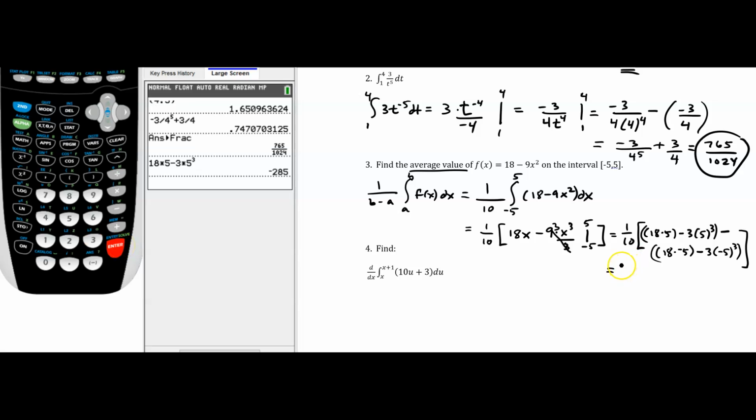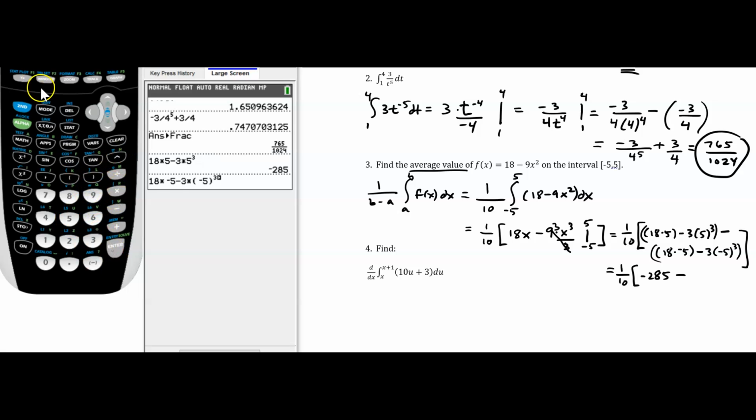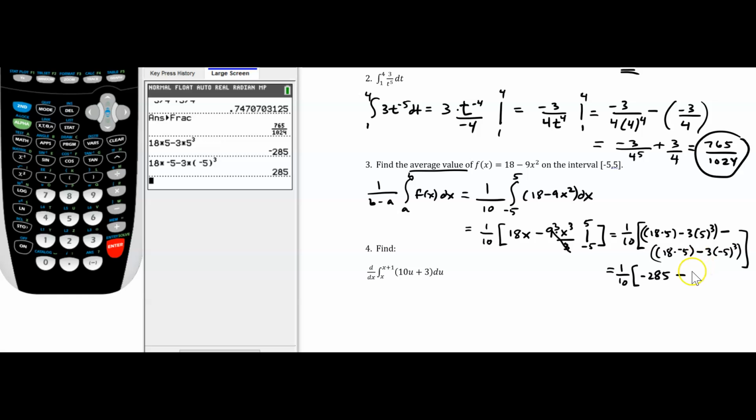So I end up with 1/10 times, it'll be negative 285 minus this quantity right here. And if we do that, if we say 18 times a negative 5 minus 3 times a negative 5 raised to the third, that is just 285.